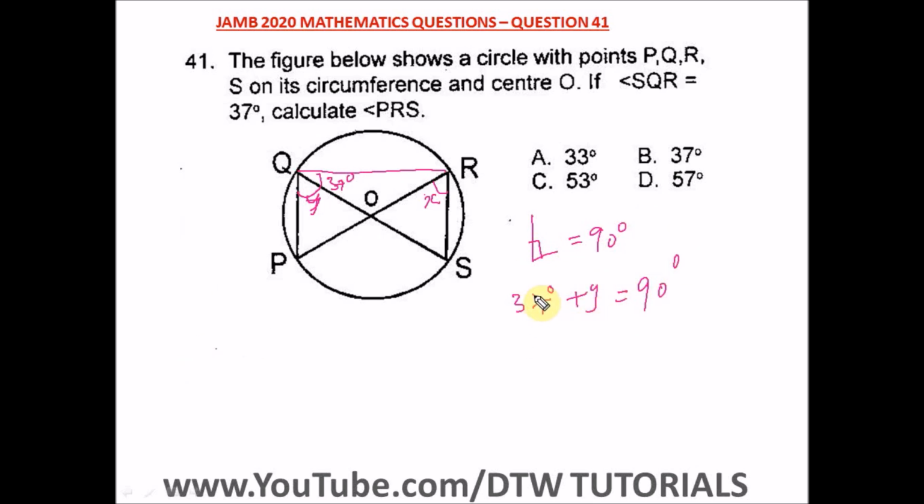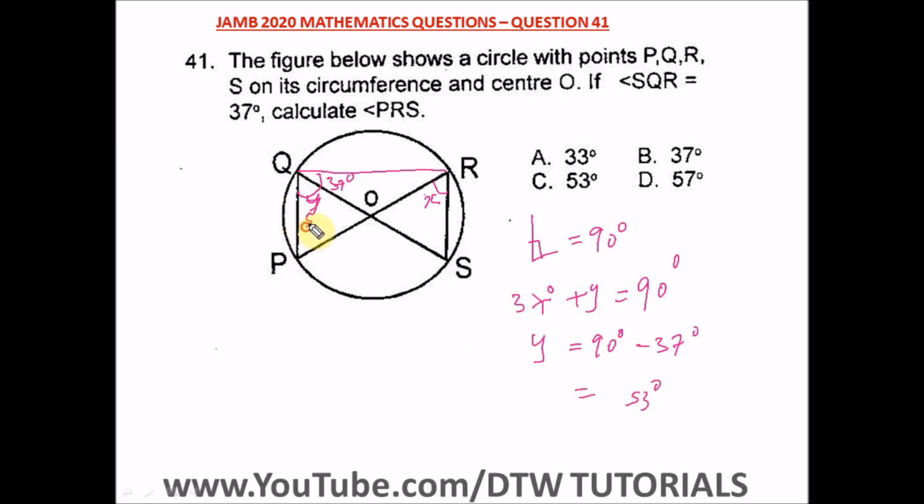So we have y is equals to 90 degree minus 37 degree. So y is equals to 53 degree.